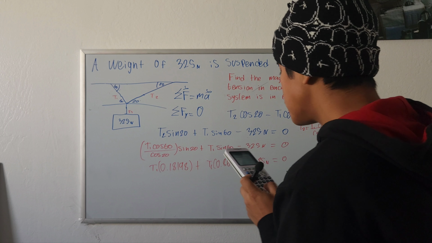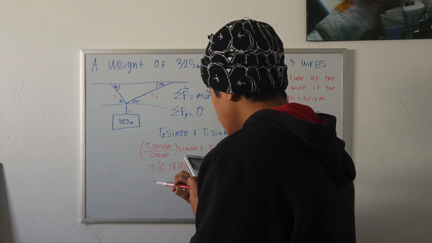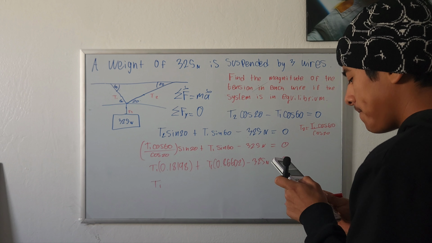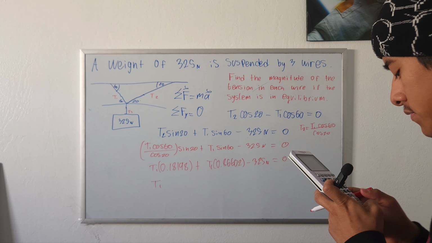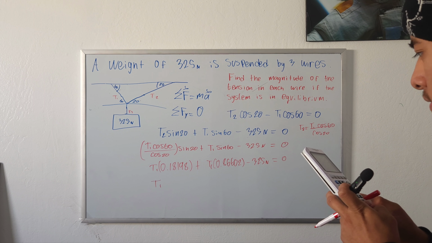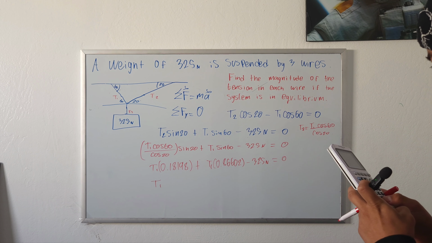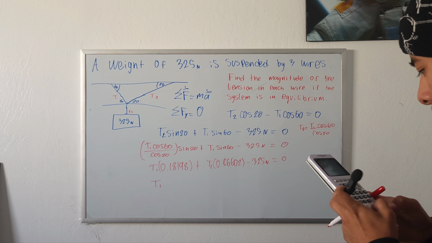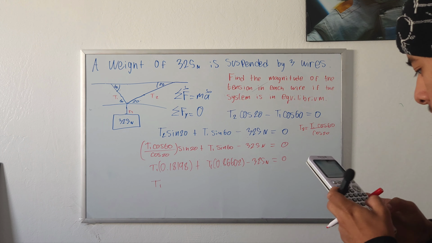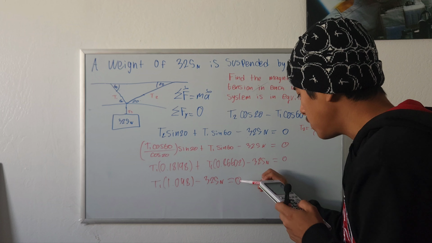And I'm going to combine like terms. So we're going to get T1, and then I'm going to add these numbers. I'm going to get T1 multiplied by 1.048 minus 325 newtons is going to be equal to 0.